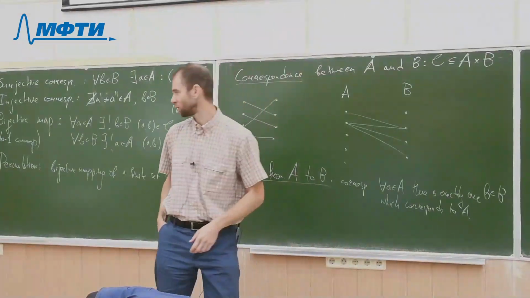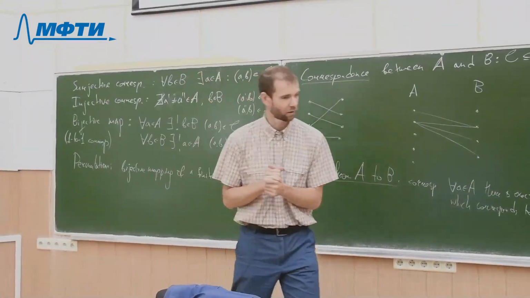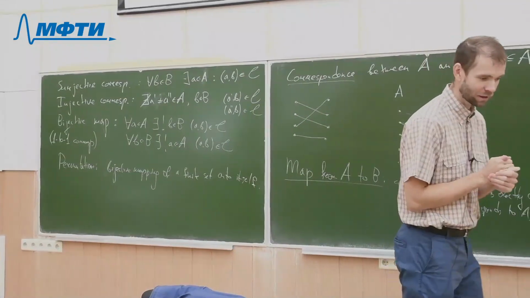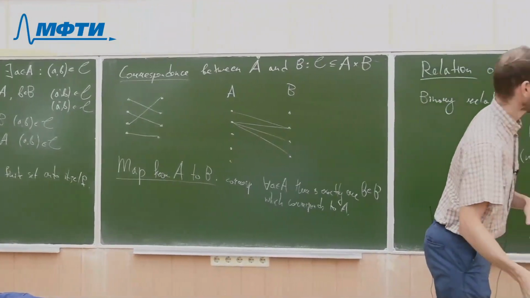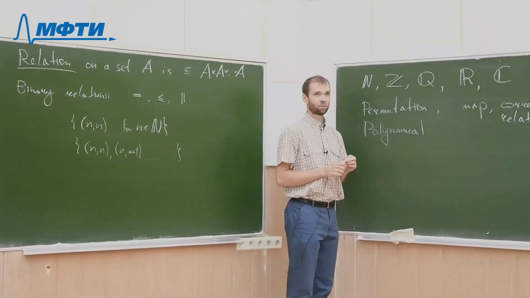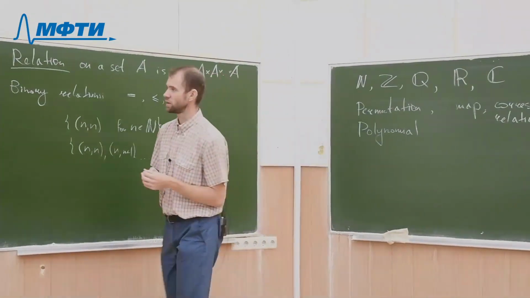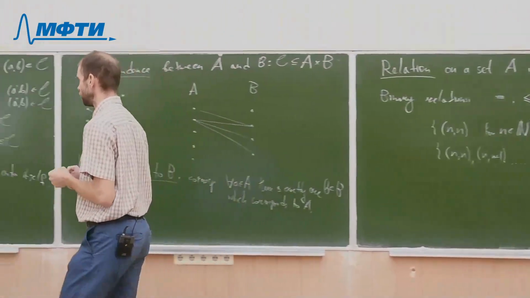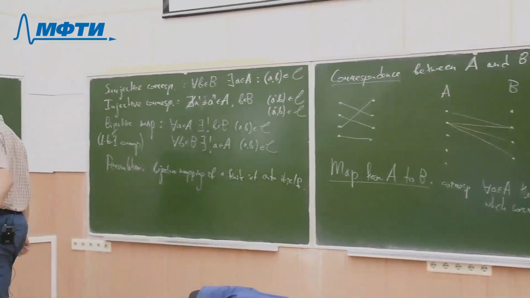So now we can go on with our things, but here it is. Next, I would like to talk about composition of mappings, and then we'll go on to polynomials.